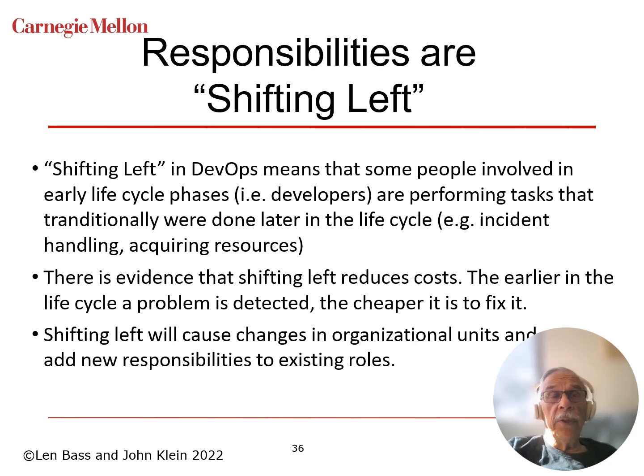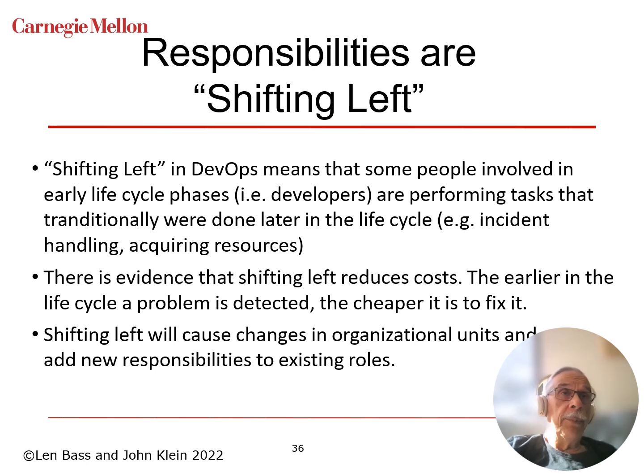So you will see developers who are the first responders if an incident occurs, not the operators and things like that. And we'll get into this. And there's evidence that shifting left reduces costs. The earlier in the life cycle a problem is detected, the cheaper it is to fix it. And shifting left will cause changes in organizational units and moving sponsors.